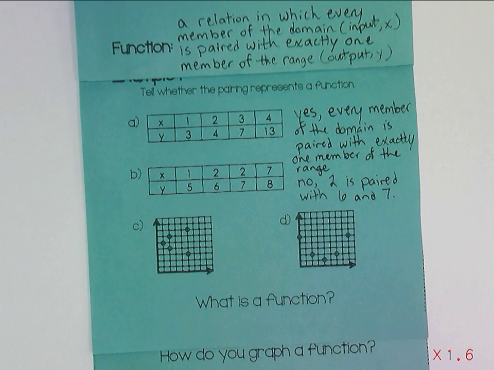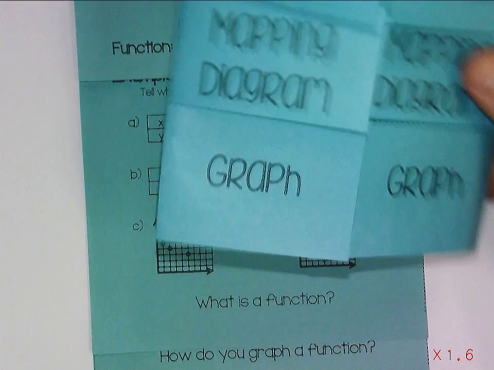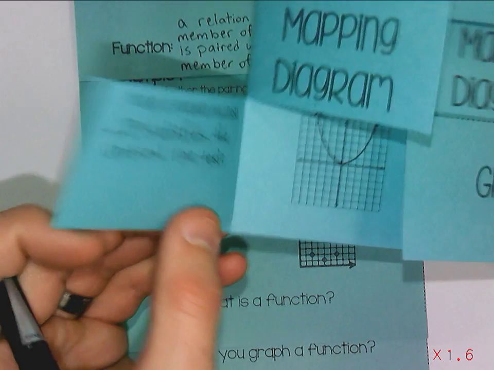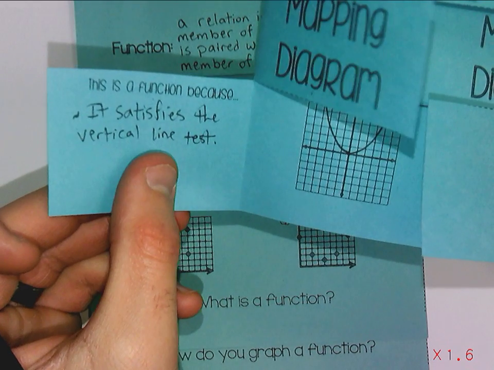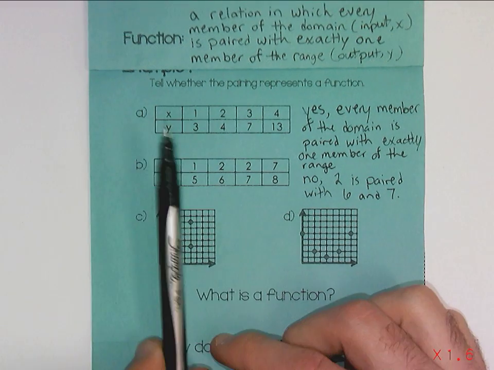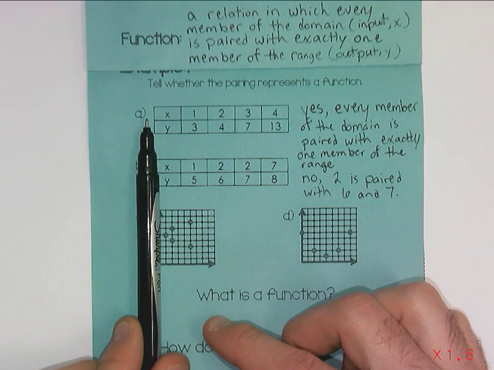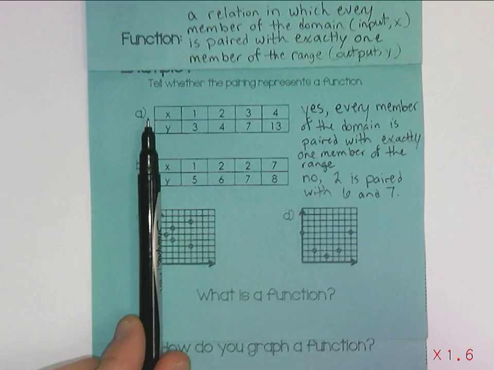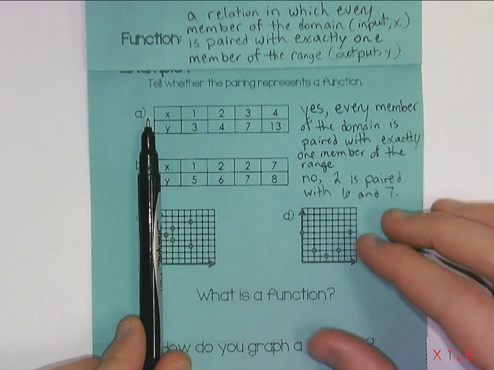Now, parts C and D, we have a graphical representation of a function or possibly not a function. On our other foldable, we decided what we need to use for that, and if you remember, we have to use the vertical line test here. Looking at this first one, if I were to run a vertical line across here, it should only intersect the graph at one point at all times.